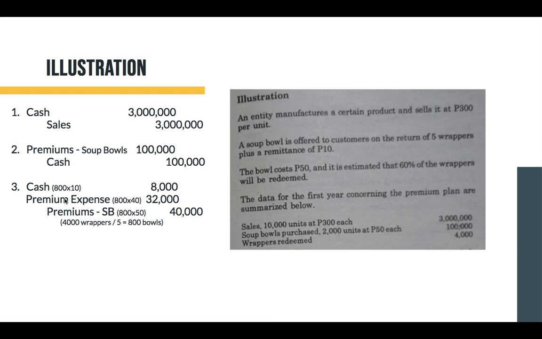The premium expense is the difference between the 50 pesos cost less the 10 pesos paid by the customer, so your actual expense is only 40. 800 times 40 is 32,000. The expense is lower because the customer partially pays for it.